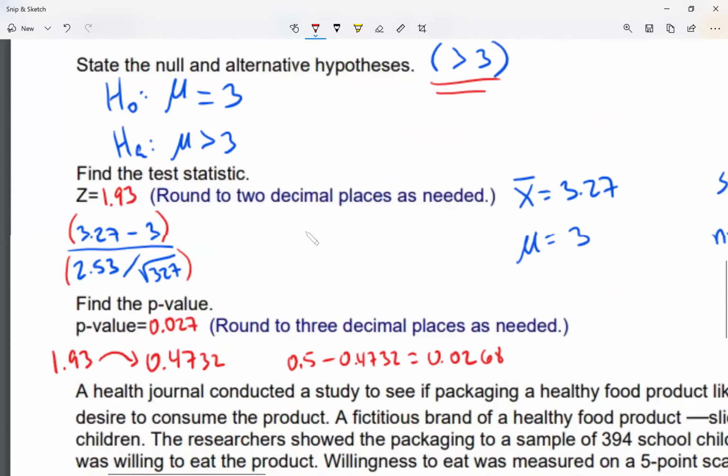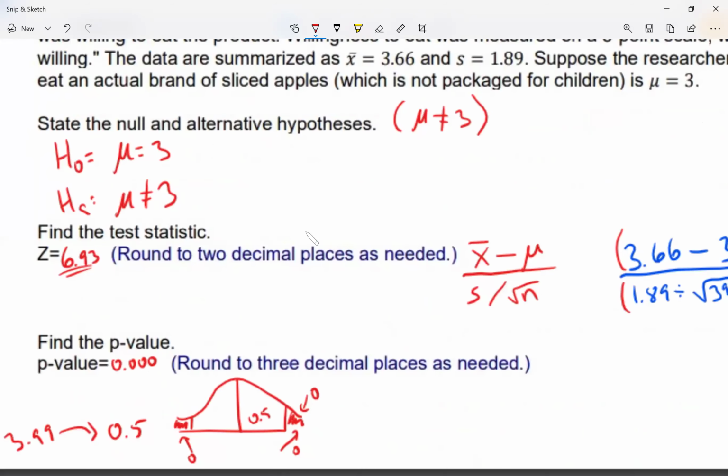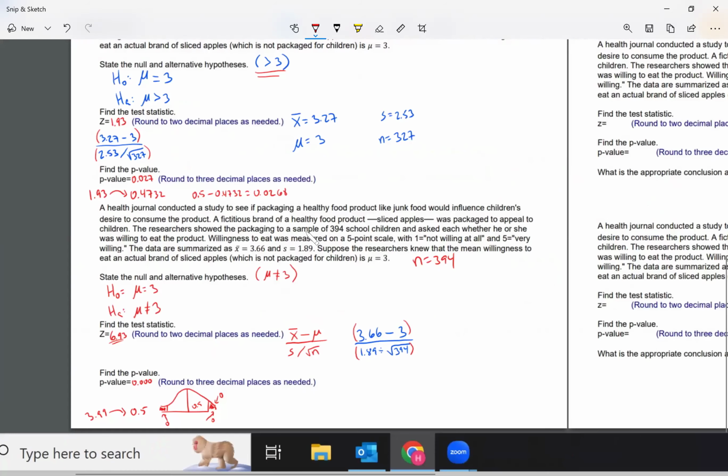So the value that I got, that was it. When I had the not equal to sign, I have two tails. But in my cases, my tails were zeros, were very insignificant. So when I added the two tails, so when you have the not equal to, you have to multiply by 2. My p-value still came to 0. Let me zoom out. That way you guys can see what we did today.